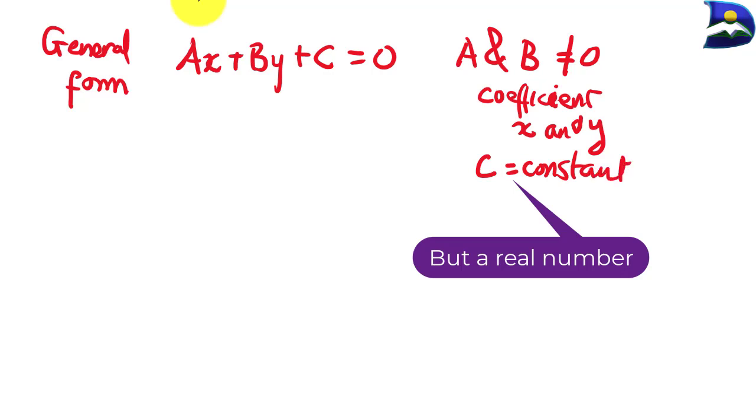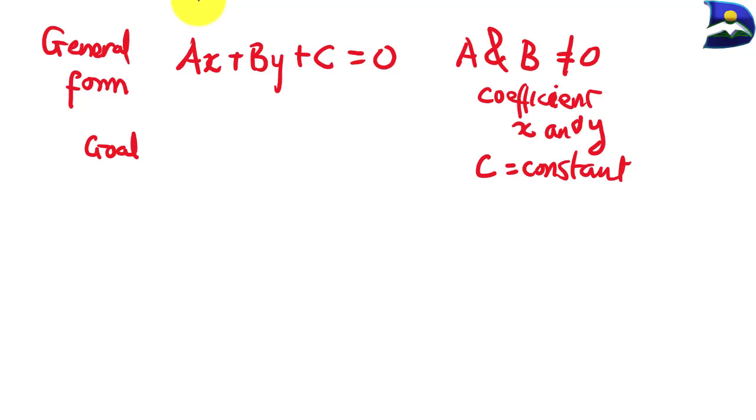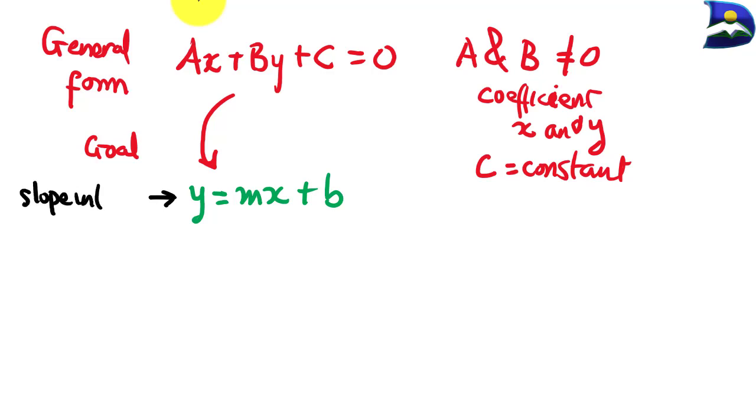Once you're given this, our goal is to transform this equation into this particular formula, which is y equals mx plus b. What we have to recognize is that this represents the slope-intercept form, and it addresses the following variables.